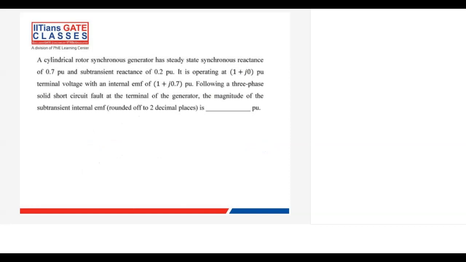And this is the last question. This question is from fault analysis. They have a cylindrical rotor synchronous generator, which has XD, the direct axis reactance, of 0.7 per unit, and subtransient reactance of 0.2 per unit.